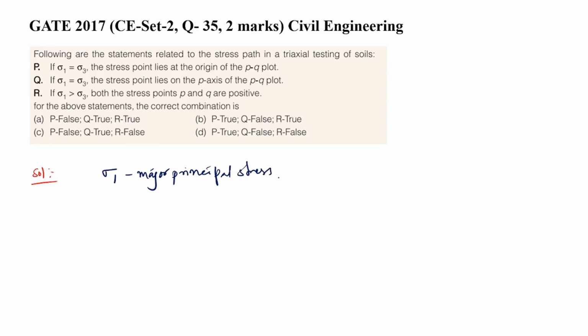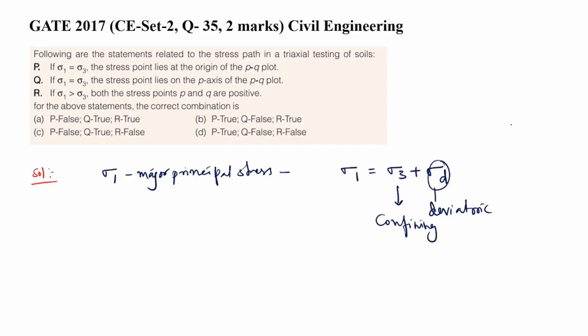We are talking about triaxial. Generally we denote sigma 1 as sigma 3 plus sigma d, where sigma d is deviatoric stress, and sigma 3 is confining pressure. If you add these two, then you will get this.